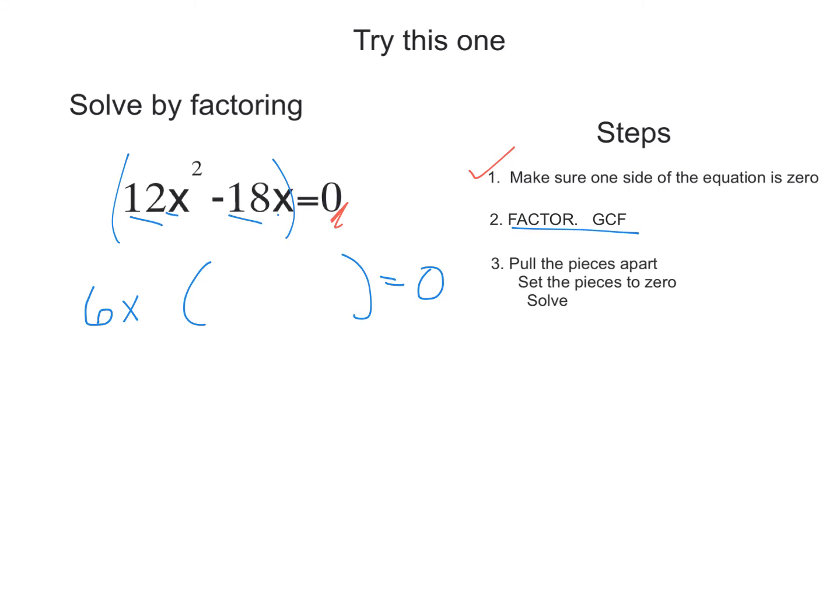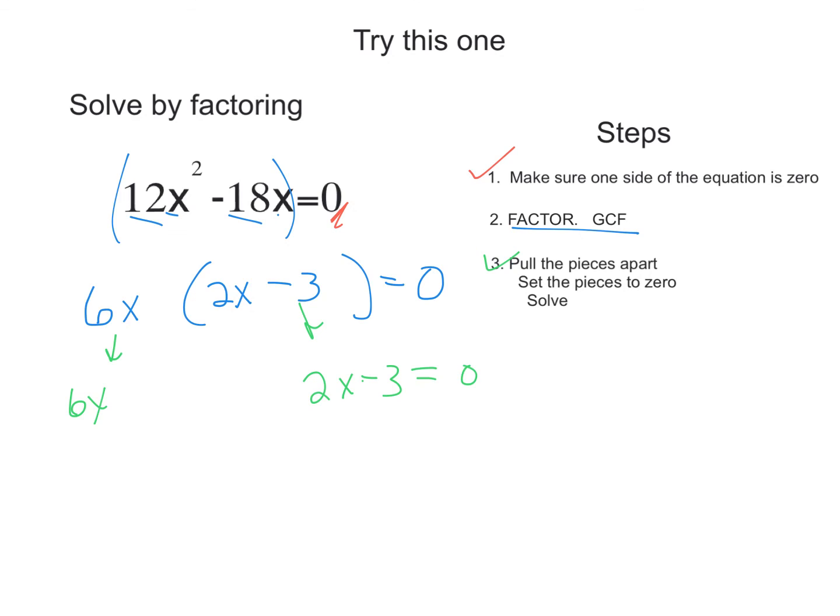Okay, so 12x squared divided by 6x is 2x. Negative 18x divided by 6x is minus 3. And then we solve this out. Okay, pull the pieces apart. 6x, 2x minus 3.